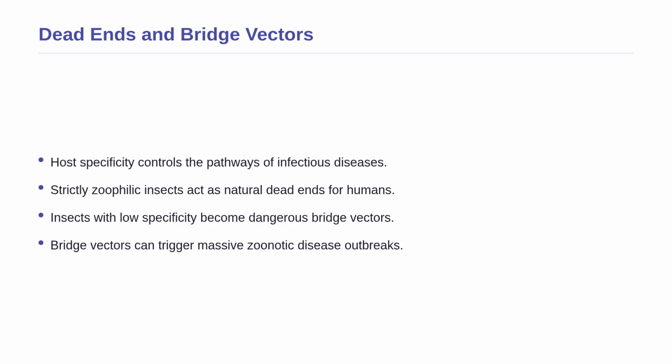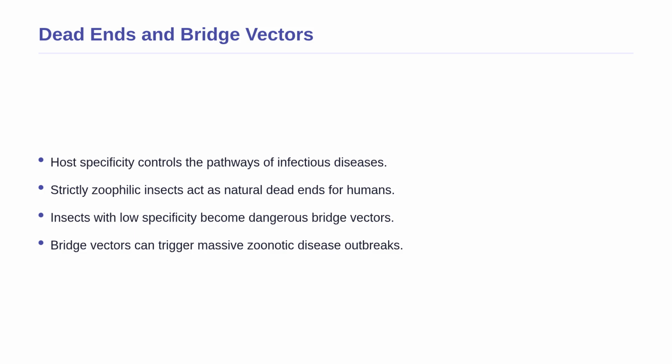Why do we care so much about the dietary preferences of a tiny mosquito? Because this preference directly controls the pathways of infectious diseases in the real world. If a mosquito is strictly zoophilic and only bites birds, it will never transmit avian diseases to humans. It acts as a natural dead end.